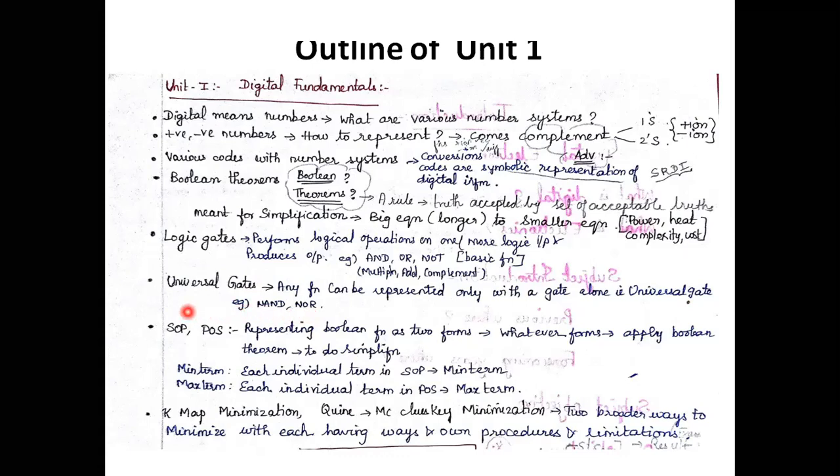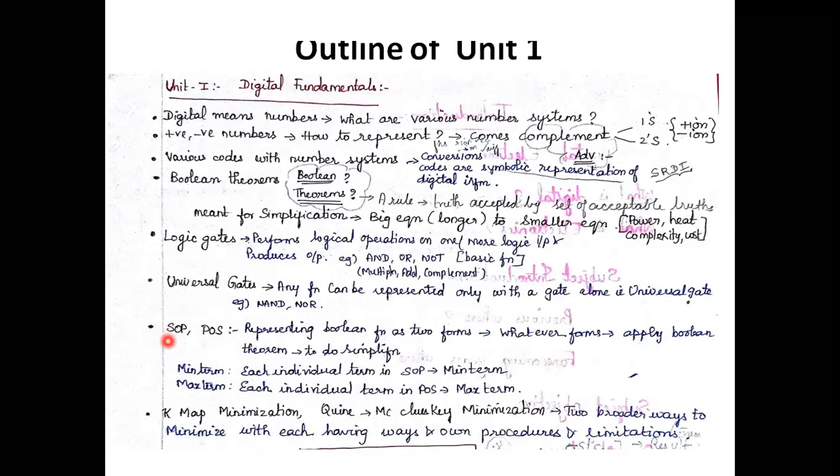Then in this Unit 1, we will discuss sum of products and product of sums. Think of the term sum of products, which means that we have product 1, product 2, product 3, product 4, and in between them we have the summation operation.